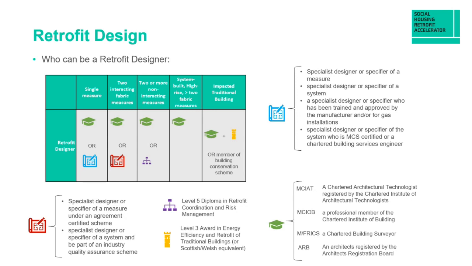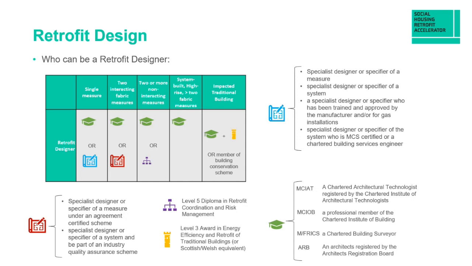But for two or more non-interactive measures, you could also use somebody with the level 5 diploma in retrofit coordination and risk management. For anything that involves system built properties, high rise, or more than 2 fabric measures, so much more complex projects, then it's only an architect that can design those.